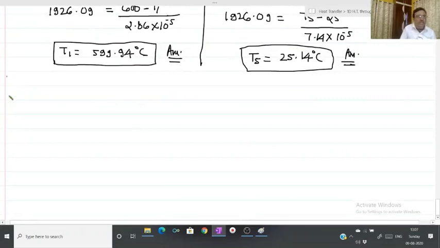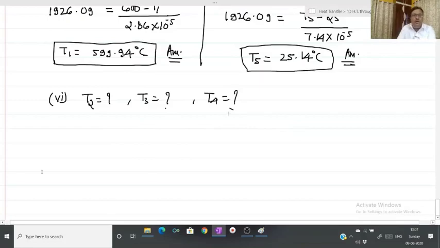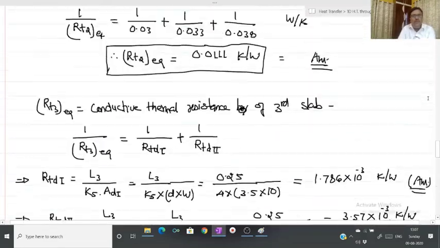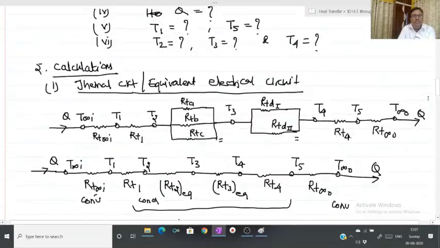And the last objective is to calculate the interface temperatures T2, T3 and T4. Now how to calculate them? Again, let us refer to those equations.